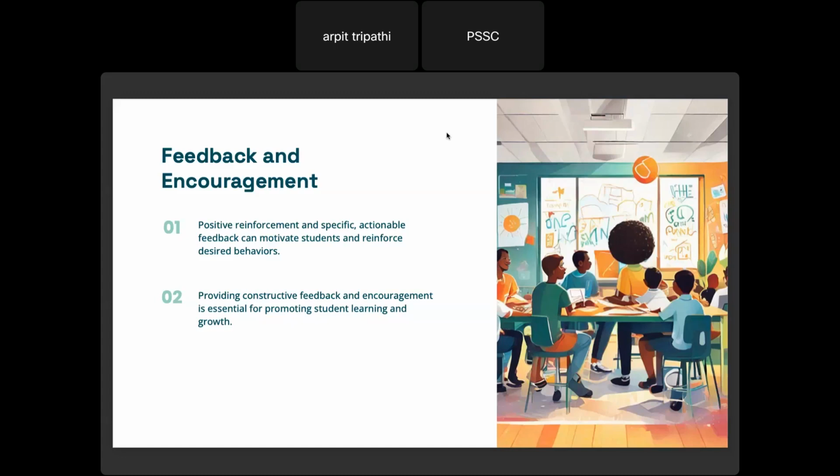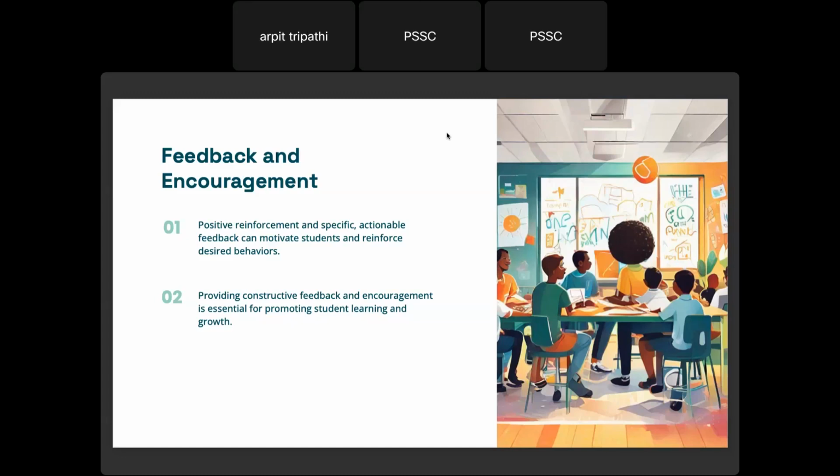Because feedback provides students with valuable information about their progress, strengths, and areas for improvement. It also helps them understand what they are doing well and how they can enhance their performance. Constructive feedback guides students towards achieving their learning goals, and feedback also promotes continuous improvement.